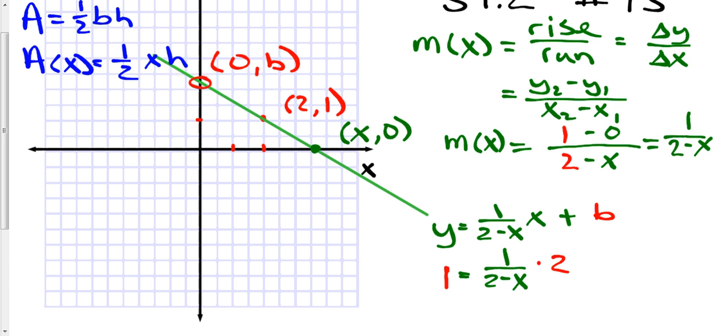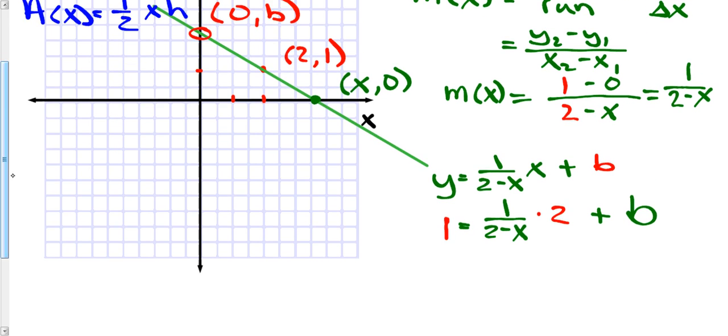And then, plus, I'm just going to leave it green for here on out. So now, I want to get b by itself. Let's simplify this term here first. So 1 equals what? 2 over 2 minus x plus b.